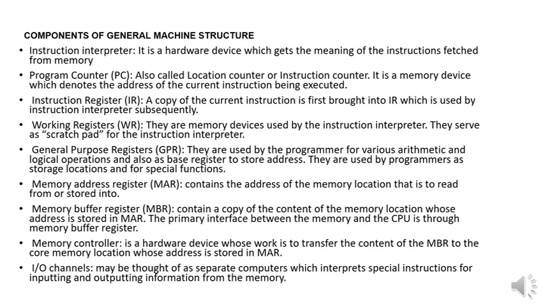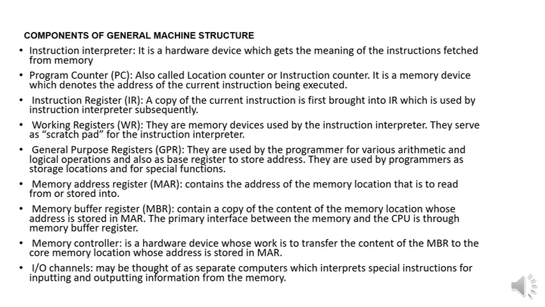So the MAR contains the address of the memory location, a copy of whose content you will take, whose address is stored in MAR. The address has been stored in the MAR.